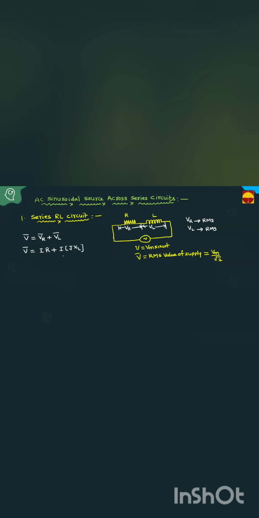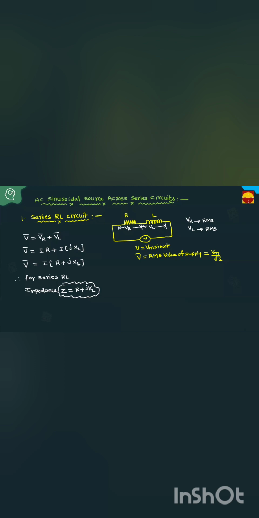Then V bar equals, taking I common, I times (R plus jXL). Therefore, for series RL, very important, impedance Z equals R plus jXL.